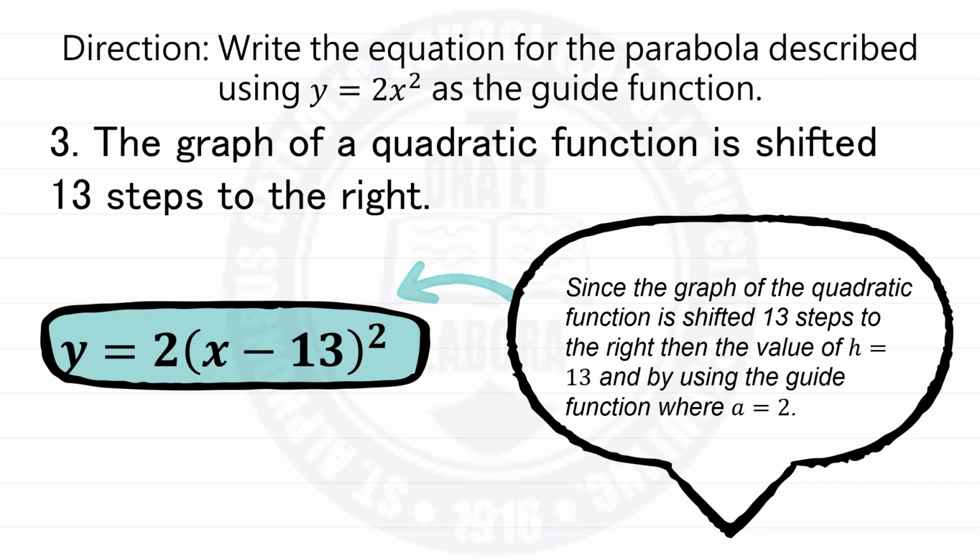Since the graph is shifted 13 steps to the right, we could say that the value of our h is a positive 13. And by using the guide function y equals 2x squared, where a is 2, the equation of our parabola is y equals 2 times quantity x minus 13 squared.